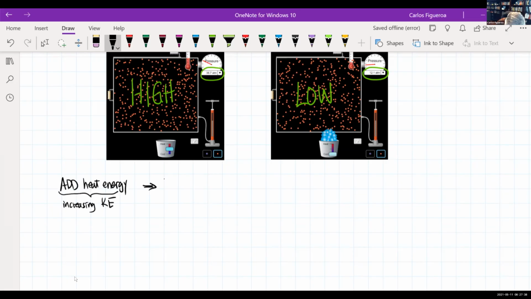Well, I now have more collisions. Why are there more collisions? Because they're moving faster. If they're moving faster, they're going to have more collisions with the walls. And as a consequence, we then have a higher pressure.